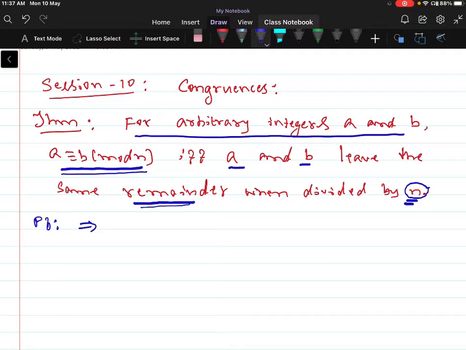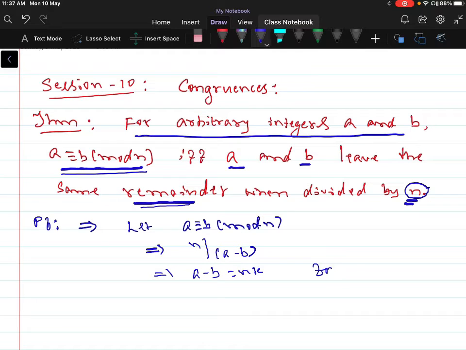So a is congruent to b modulo n implies n divides a minus b. So this implies a minus b can be written as n into k for some integer k.